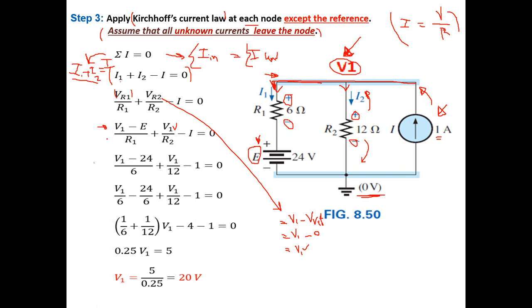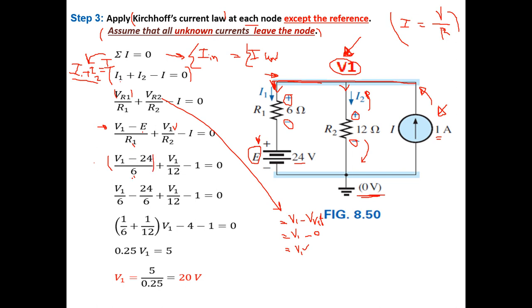So let's check now, just put in your values. V1, we do not know the nodal voltage, this is what we need to find. So V1 minus the source voltage here, which is 24, over R1, which is 6 ohm, plus again the nodal voltage V1 over 12, which is resistor number 2, minus I, which is 1.